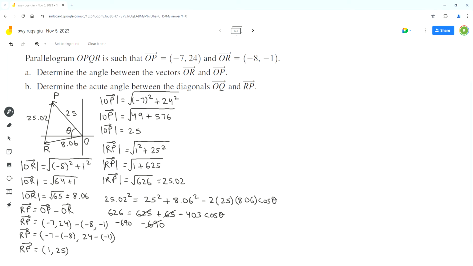626 minus 690 is equal to negative 64. And now we can divide both sides by negative 403. So I got cos theta equals 0.1588.